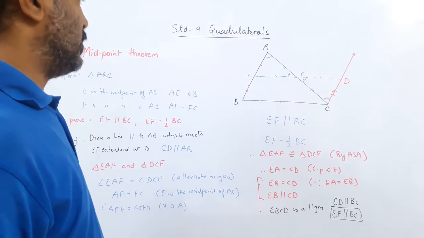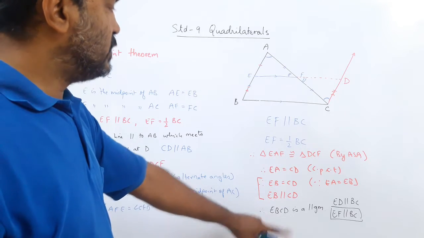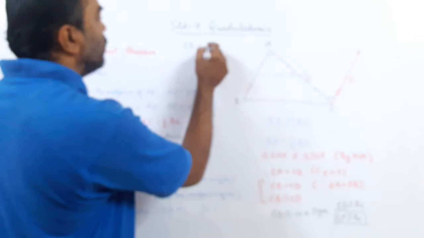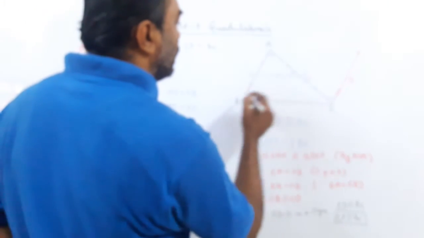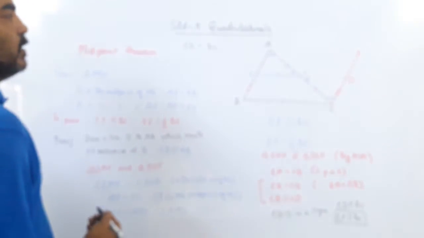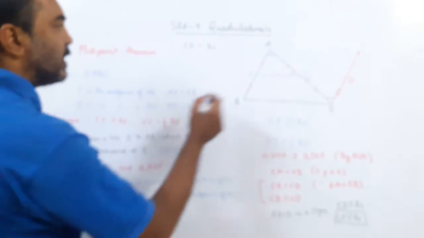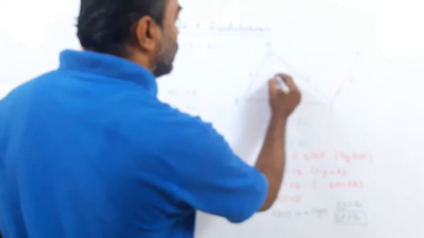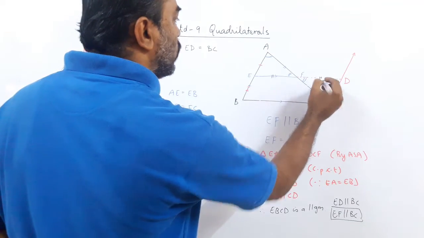Now for the second result. EBCD is a parallelogram, so we have ED equal to BC. Now again, we have proved this triangle and this triangle are congruent, so the corresponding sides are congruent.